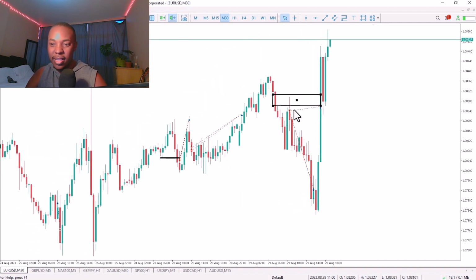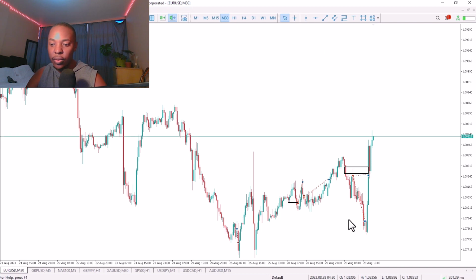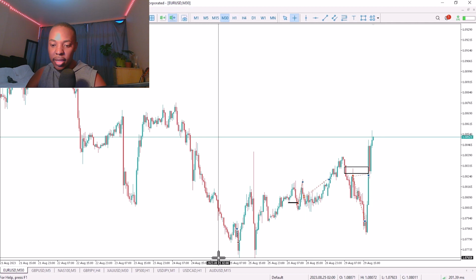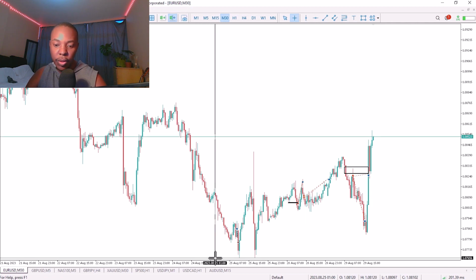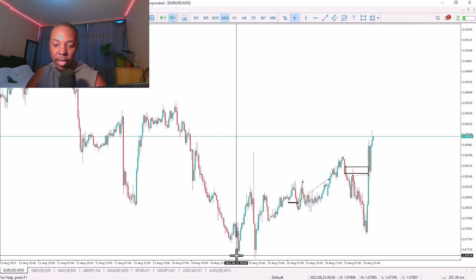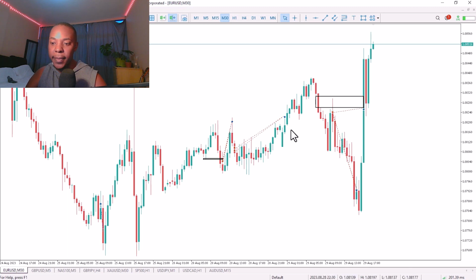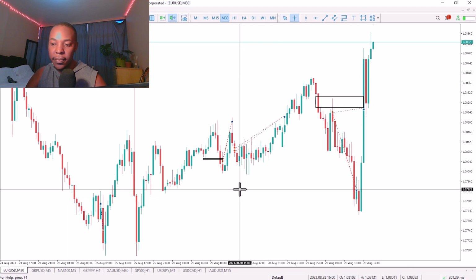I was expecting the market to go all the way down here to take out these relatively equal lows. I think they're equal lows depending on which broker you're looking at, but these are different equal lows. I was expecting price to take out those equal lows, but it didn't actually do that.